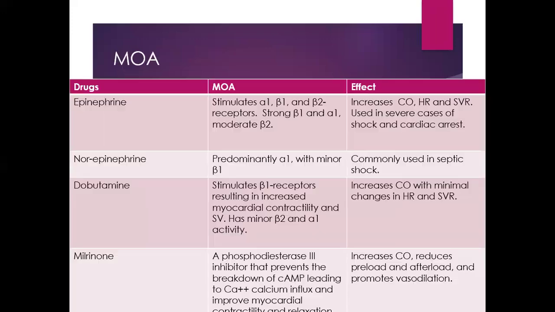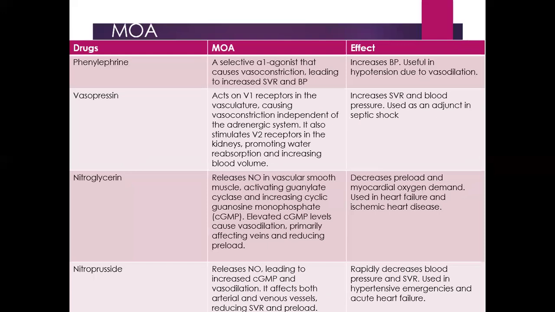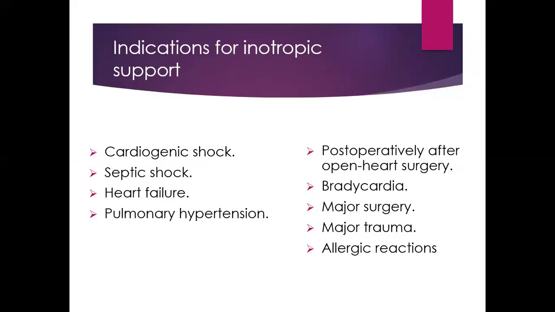All right, so we mentioned this before. This is just a repetition diagram to reinforce what we've talked about. Vasopressin has some V1 receptors, and we talked about this. So what are the indications for inotropic support?